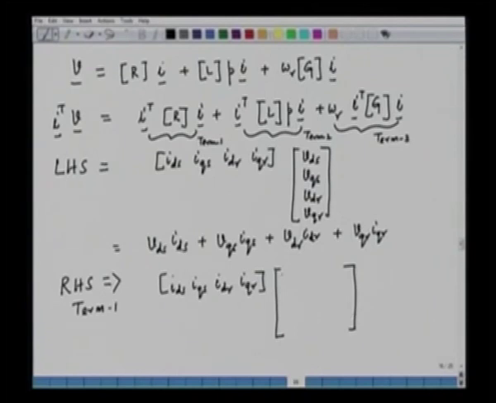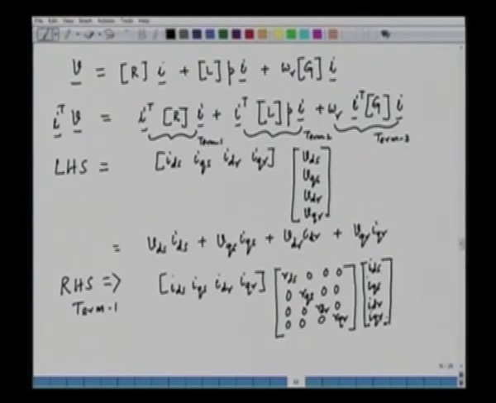R is the diagonal matrix, RDS, all other elements are 0, RQS 0 0, RDR and then RQR, and post multiplied by IDS, IQS, IDR and IQR.